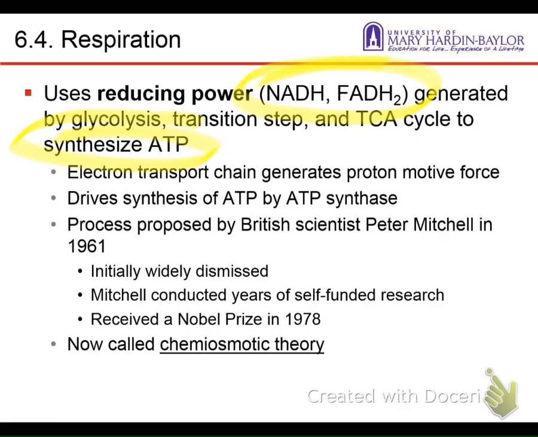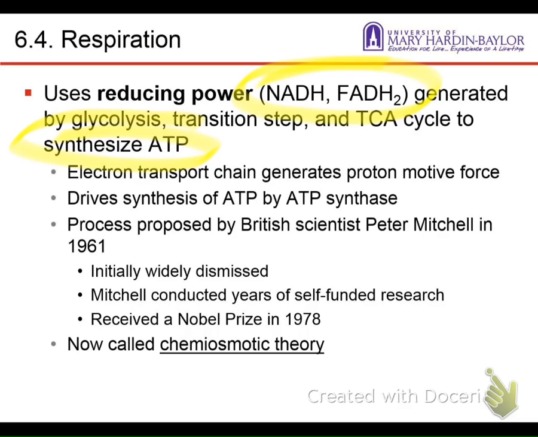If these are the reduced form, what do you intuitively know about these molecules, NADH and FADH2? If they're the reduced form, what can you tell me about them? They're carrying 2 high-energy electrons, right? They have 2 high-energy electrons that are buried down inside of those letters. You can't see them, but if they're the reduced form, when reduction happens, electrons are transferred to that molecule. So NADH and FADH2 have 2 high-energy electrons, and they're called electron carriers.